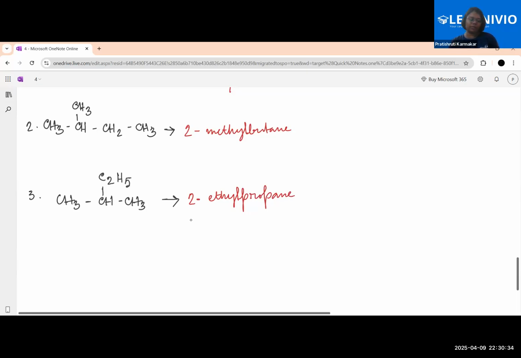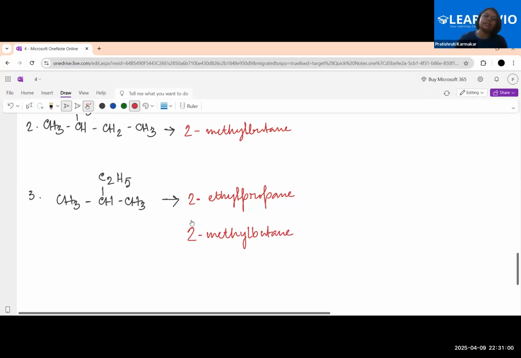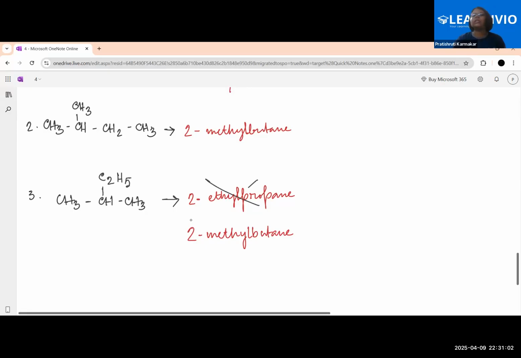Would it be 2-ethyl propane? Or maybe no. This one will be 2-methyl butane, because CH3 CH C2H5 is a longer chain than CH3 CH CH3. So it won't be 2-ethyl propane. It will be 2-methyl butane. Right. Good that you corrected.